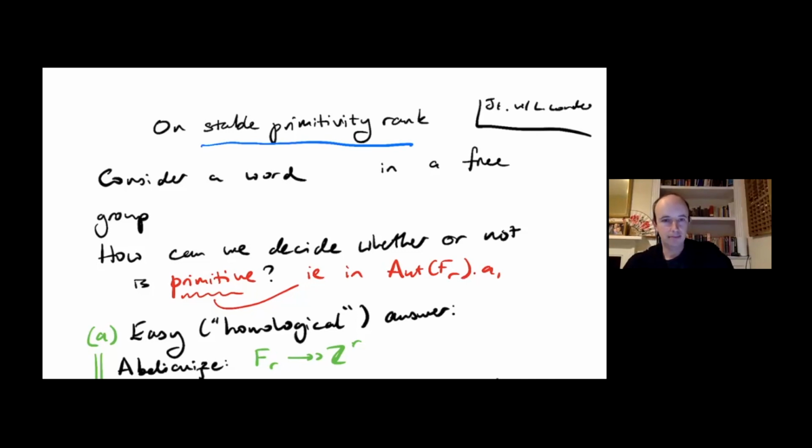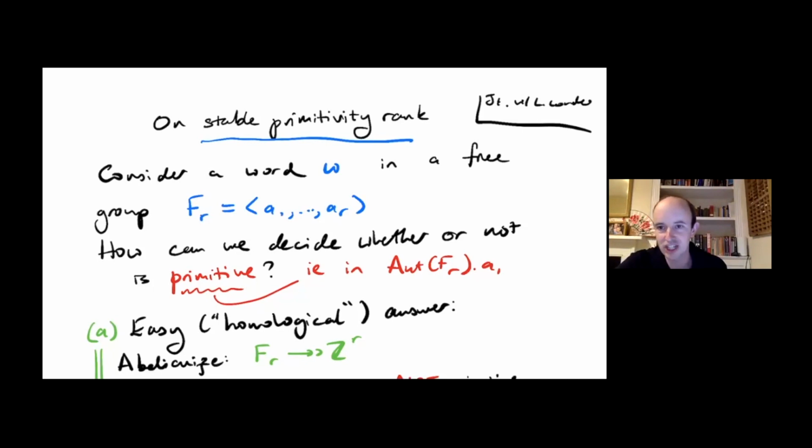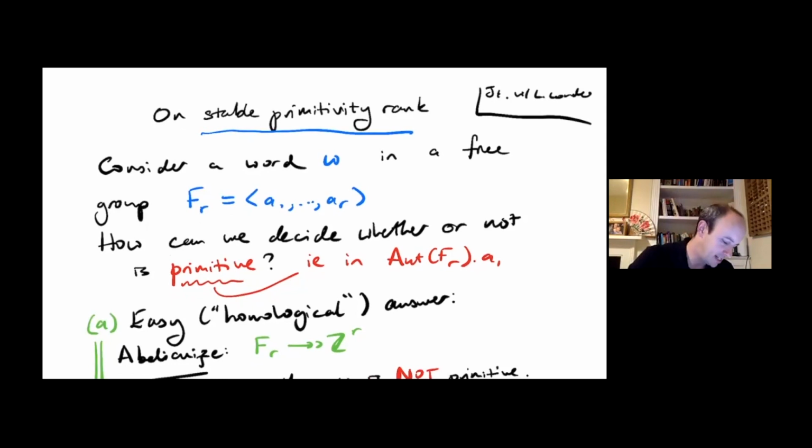So imagine you have a word in a free group, and my free group will usually be called F_R, and it might even have some generators, A1 up to AR. It'll be a finitely generated free group. The first question I'd like you to think about, the motivating question maybe, is how can we decide if our word W is primitive?